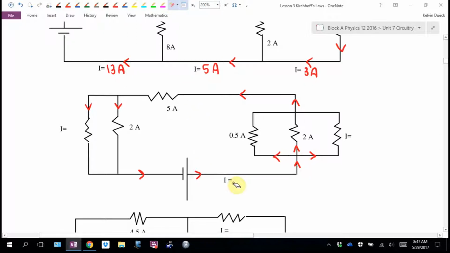Do I know how many amps grand total are in this circuit? How'd you get that so fast? Oh, because all the skiers are rejoined and they all go through this resistor. If I know there's 5 amps there, and that's everybody joined together, must have been 5 amps leaving my battery.